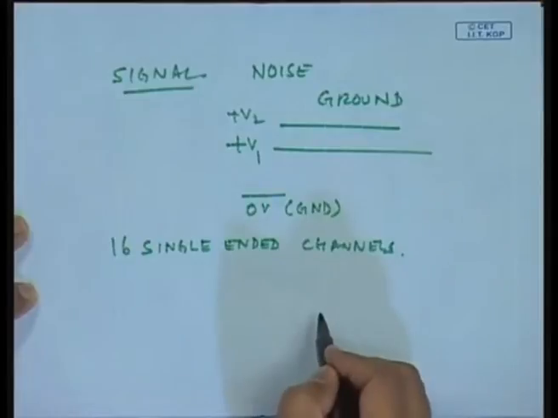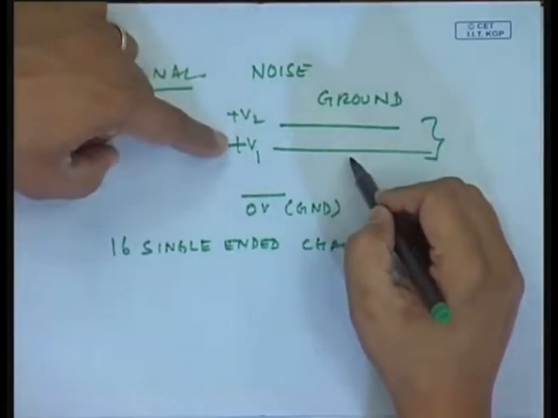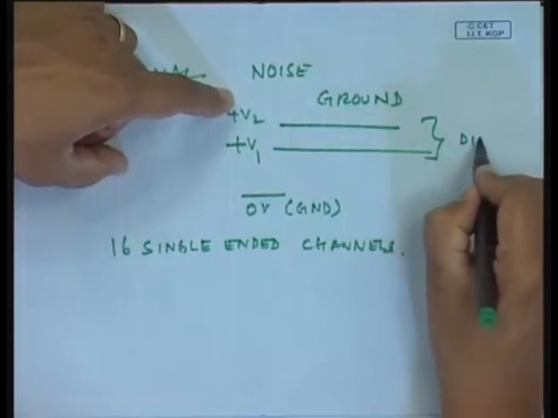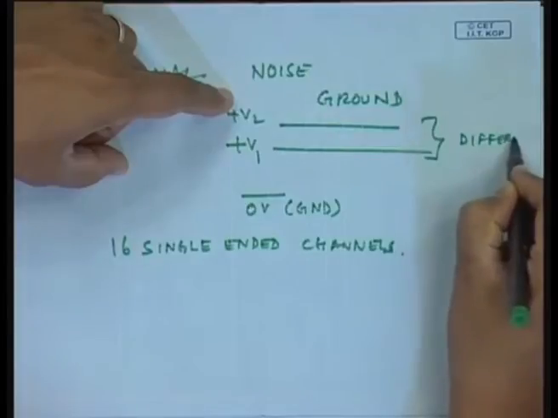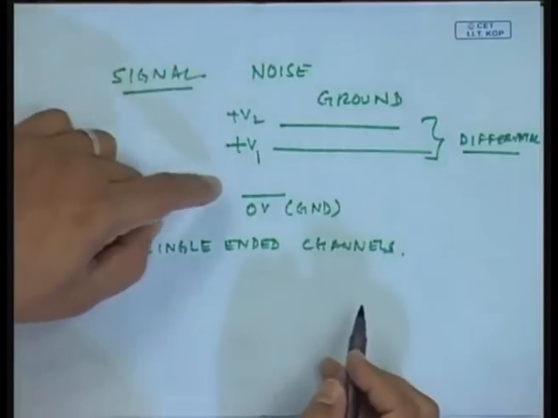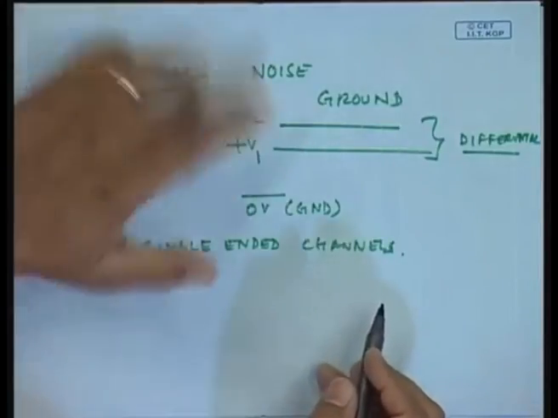They will be more noisy than if I took channels wherein I take one as V 1, other as V 2 and take the difference, and these are known as the differential channels. Then what happens? The noise which was there because of V 1 and V 2, if you subtract them, the noises will get separated.